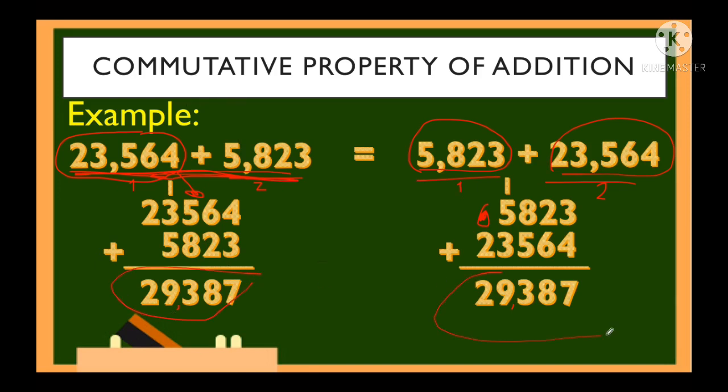Yes or no? Yes. So therefore, even though they exchange places, the answer is always the same. That is the commutative property of addition.